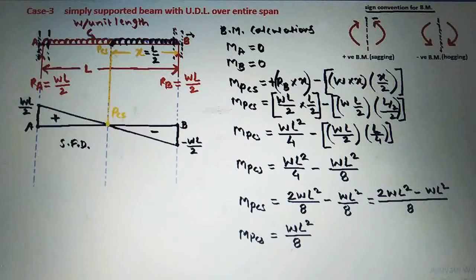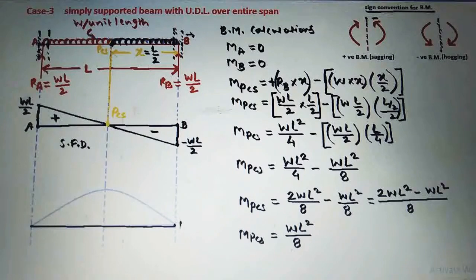Now we will draw the bending moment diagram. To draw the bending moment diagram, first we will draw the baseline here. See, this is the baseline here. Now this is B point, this is A point, and here we will take the point of contrast shear. Now we will plot the magnitudes of bending moment here.